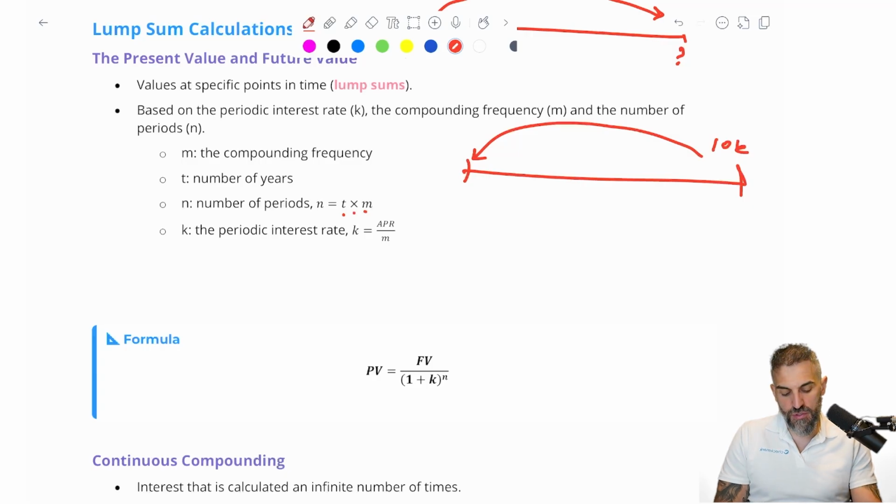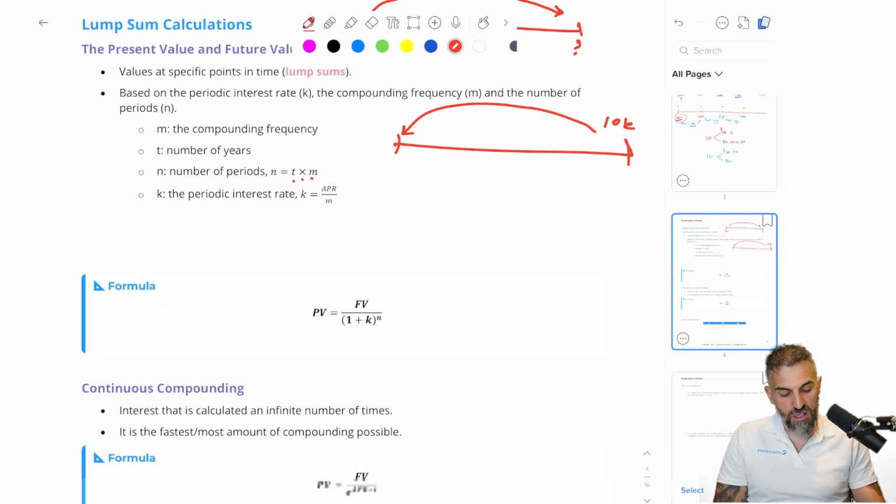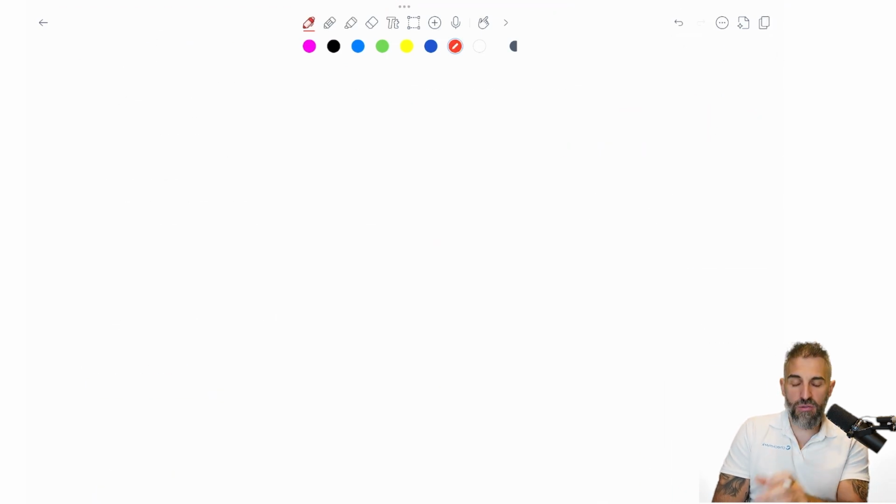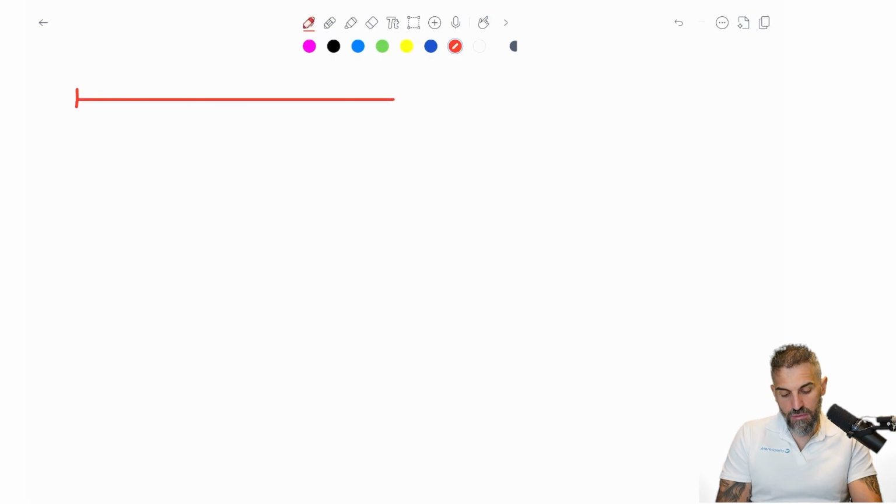So let's talk about this for a second. What are we saying here? Let's talk about the compounding frequency. If you take an APR, an annual percentage rate, of 10%, all this means, guys, is that you have 10% interest per year, but that could be split up into periods.